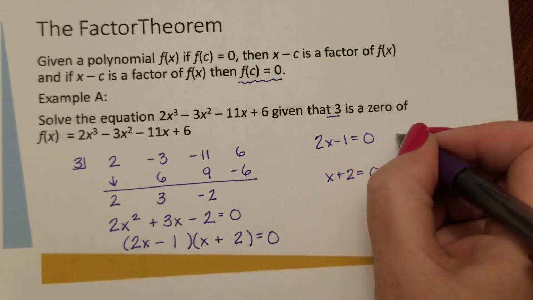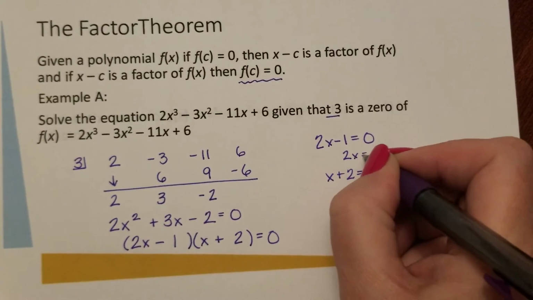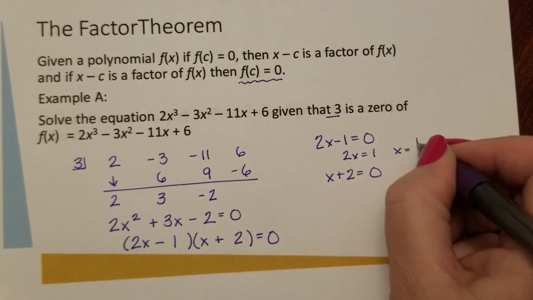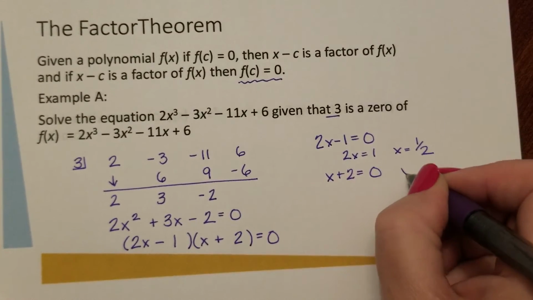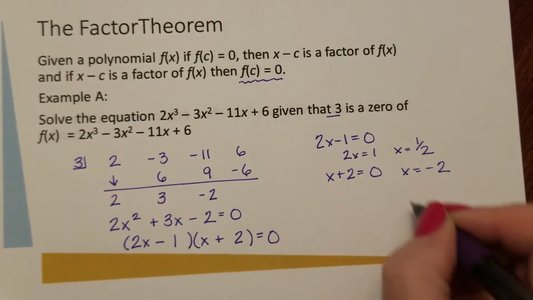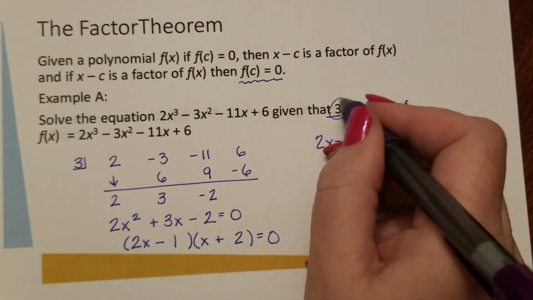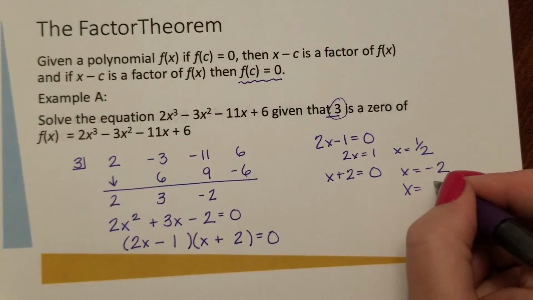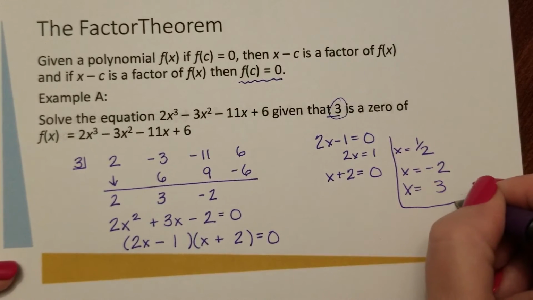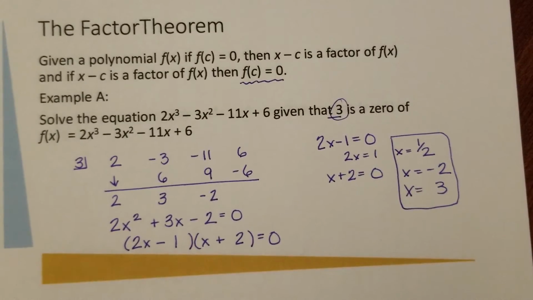So on this one we have 2x equals 1, and x equals then 1/2. On this one, x equals negative 2. And it already told me that 3 is a zero, so x is equal to 3. These are the 3 zeros of that polynomial.